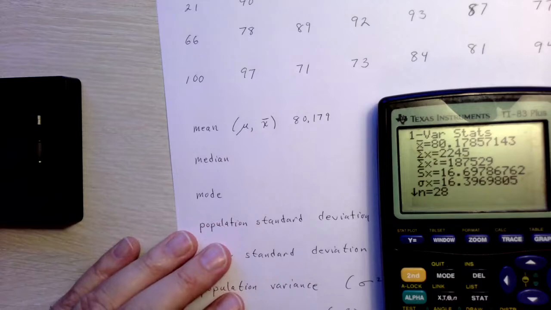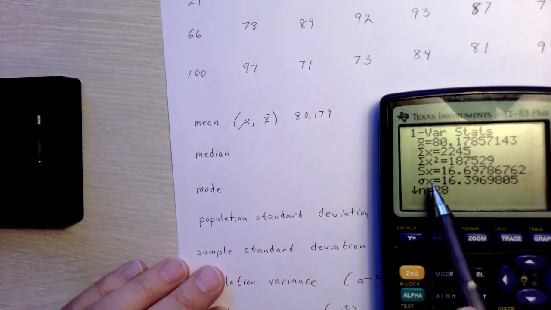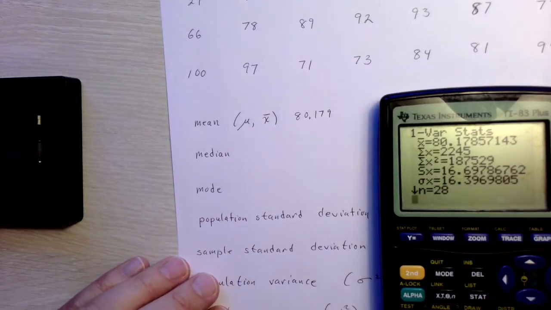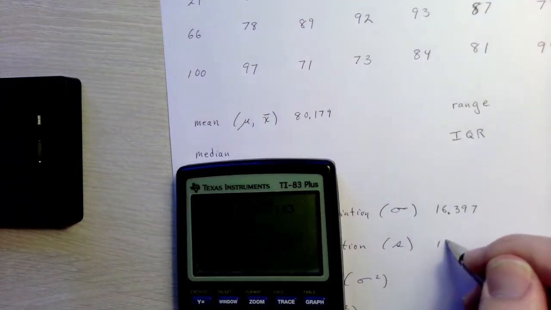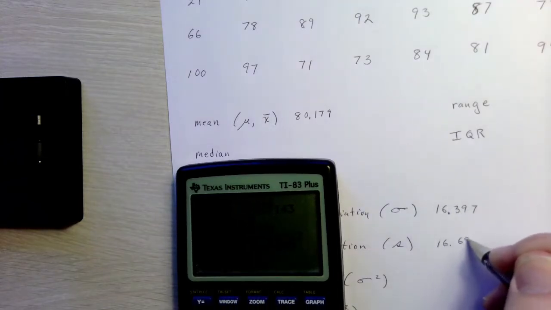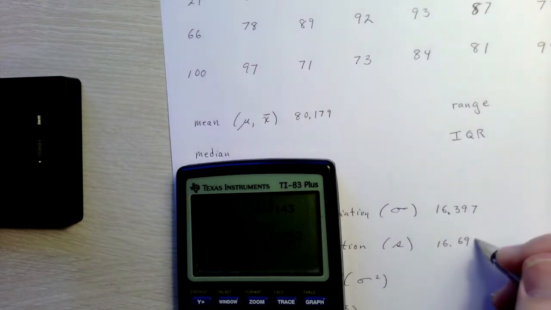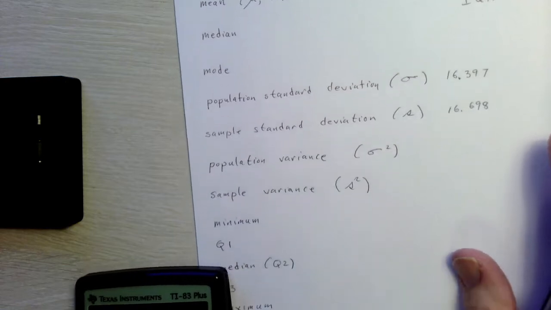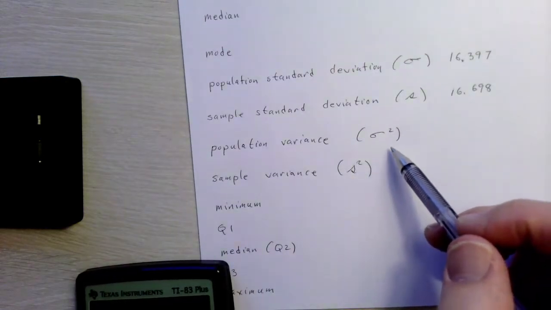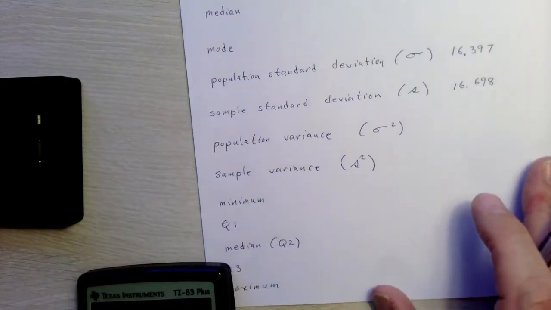And then the Sx, that's the sample standard deviation. That's 16.697, or we'll round up to 16.698. The population variance we'll come back to. So will the sample variance.